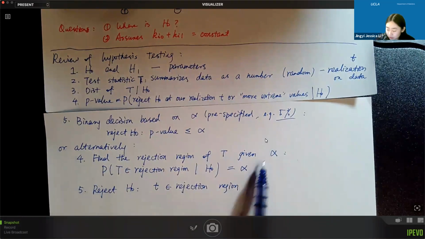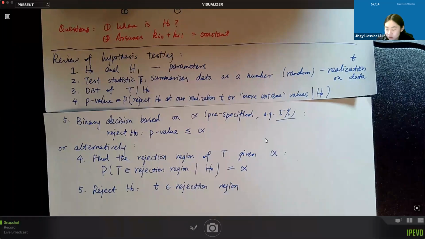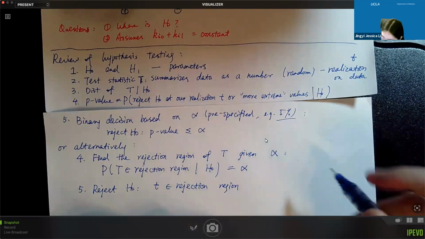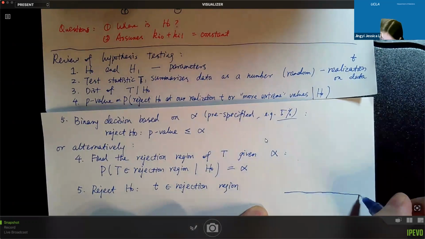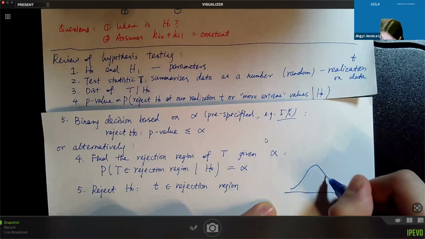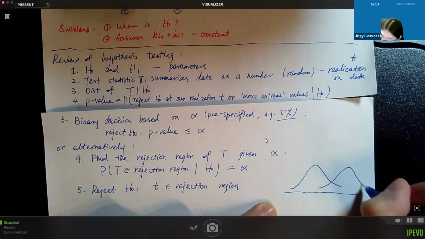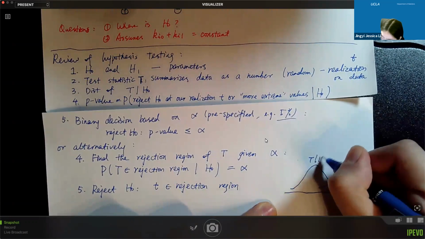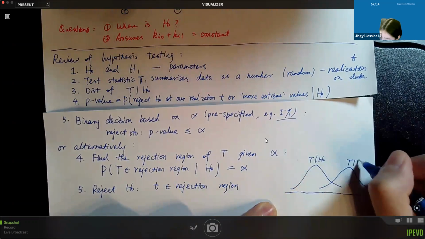Which means that the null is true, but you make a rejection. So it's a wrong rejection. But we have to tolerate that because we always need to sacrifice something for the type 1 error so we can make discoveries. Let me give you one example. If you think about the distribution of the test statistic value under the null or under the alternative, I call this t given H0, t given H1.